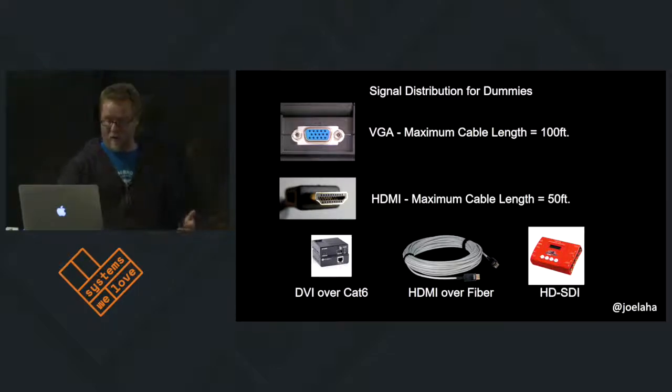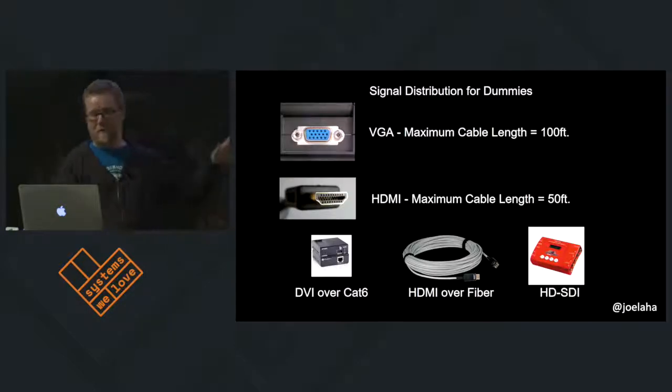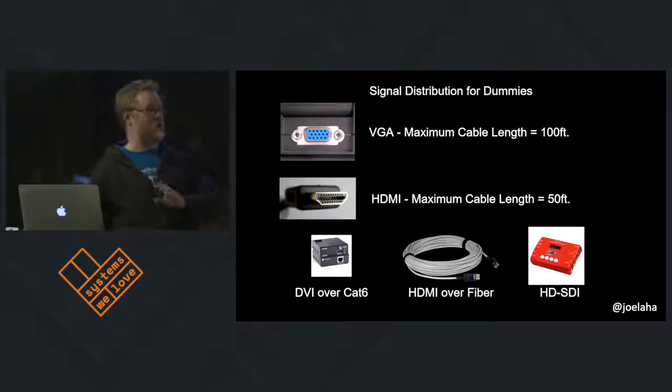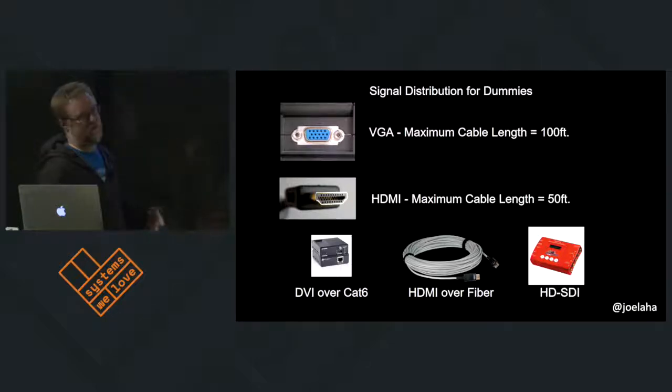It's either there or it's not, which is awesome. So the manufacturers in their infinite wisdom have come up with many different solutions for sending high definition images a long distance. And they all work for varying degrees of work, but they all have trade-offs based on your tolerance for pain.